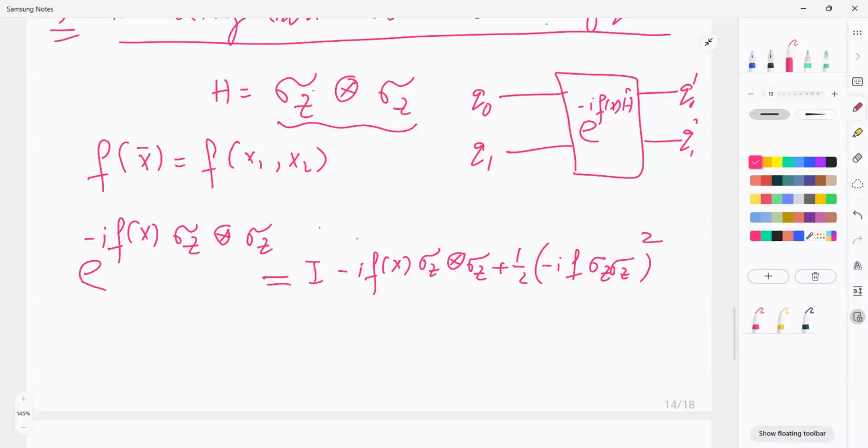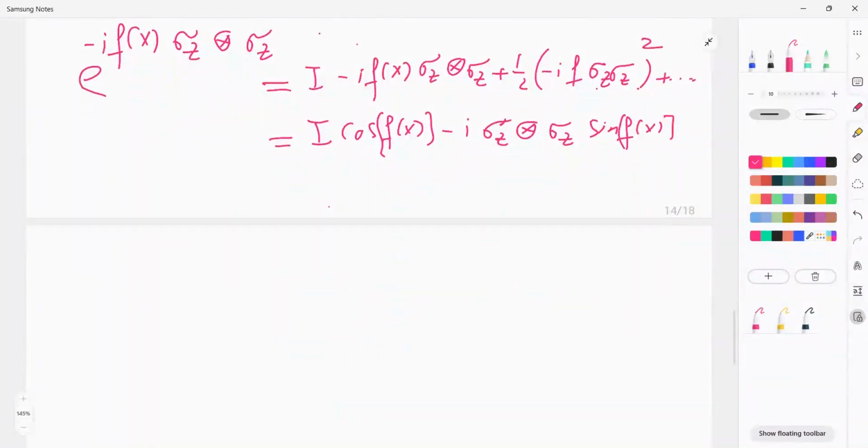Let me not write tensor, it's cumbersome writing it again and again. We see again that sigma z tensor sigma z squared will be identity. Similarly, in the next term, sigma z tensor sigma z cubed would just be sigma z tensor sigma z. So we can combine it to get cosine of f of x into identity minus iota sigma z tensor sigma z sine of f of x.